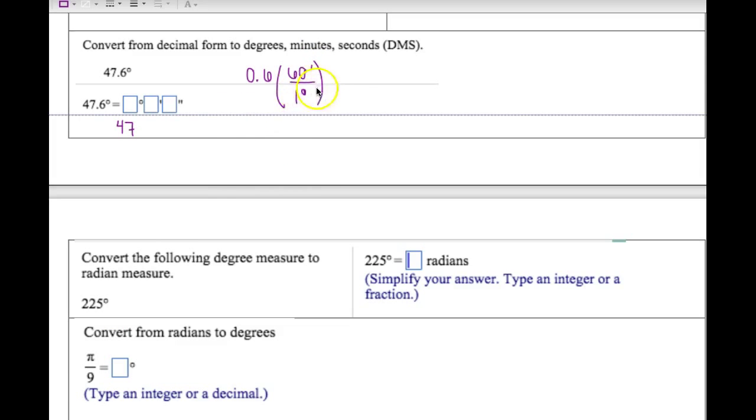If you put this into your calculator, you end up with 36 minutes. Because there is no decimal, we don't have to convert anything into seconds. If this was 36 point something, then you would have to convert further into seconds. But we've got 36 minutes and 0 seconds.